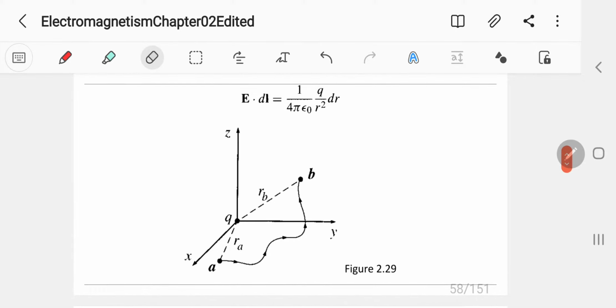If A is at this point and B is here, then you are doing the line integral going from A to B. Your path could be a straight line, or any curved path joining the points A and B. Of course here, as you can see, RA is different from RB.